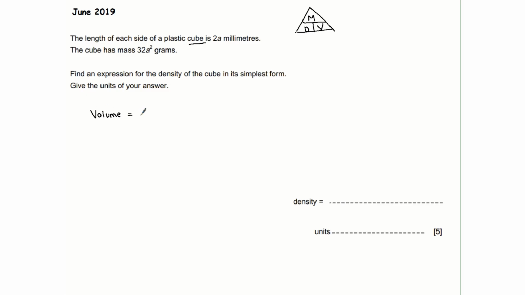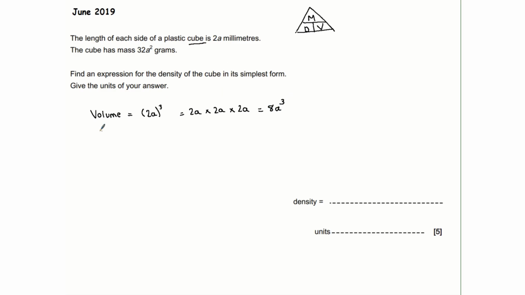Volume equals, well, each length is going to be the same, so it's going to be 2A cubed, or if you'd prefer to write it out, you do 2A times 2A times 2A. So 2 times 2 times 2 gives me 8. A times A times A gives me A to the power of 3. So the volume is 8A cubed.